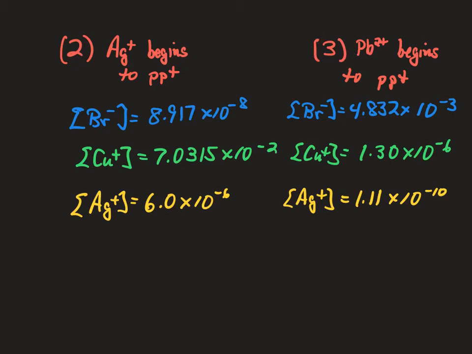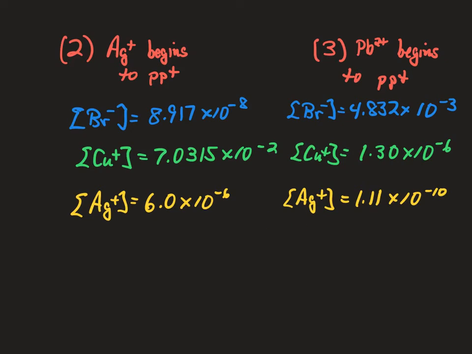Now, when we reach point 3, just at that moment before lead ions begin to precipitate, our bromide ion concentration has gone up from 8.917 times 10 to the minus 8th to 4.8 times 10 to the minus 3. It's gone up a lot. Our copper ion concentration has fallen from 7 times 10 to the minus 2 down to 1.3 times 10 to the minus 6. And our silver ion concentration has gone from 6 times 10 to the minus 6 down to 1.1 times 10 to the minus 10. It's gone down a lot.